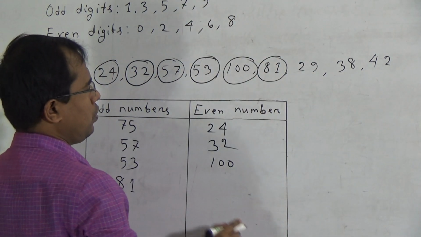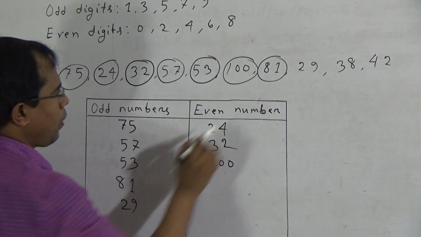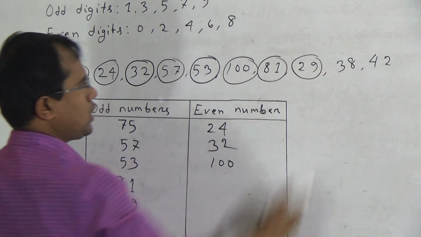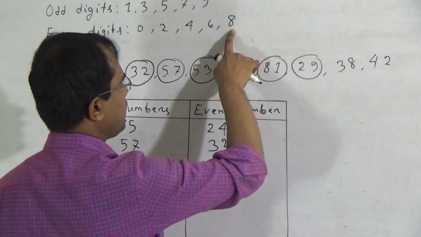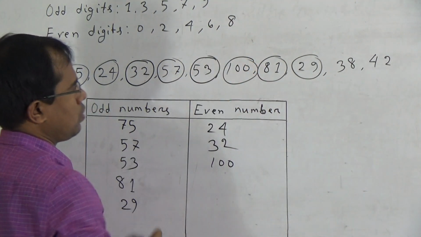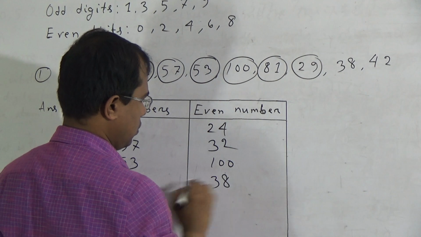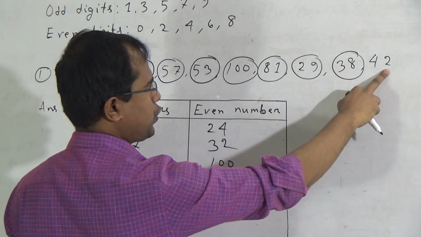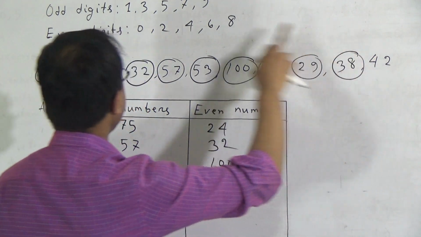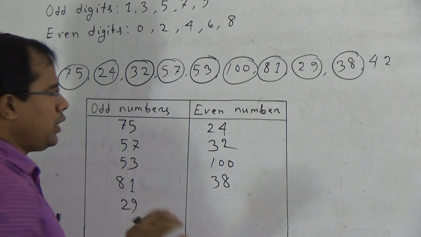So 29 will be an odd number. Now 38. The ones place digit of 38 is 8, which is an even digit. So 38 will be an even number. Now 42. Here the ones place digit is 2 and 2 is an even digit. So 42 will be an even number.